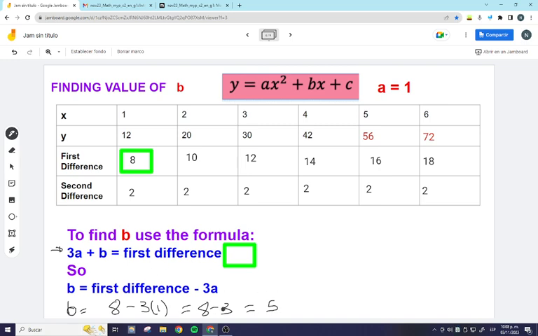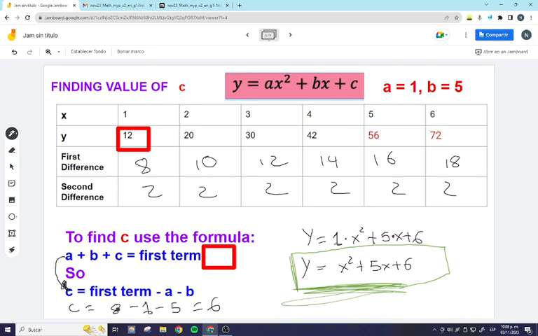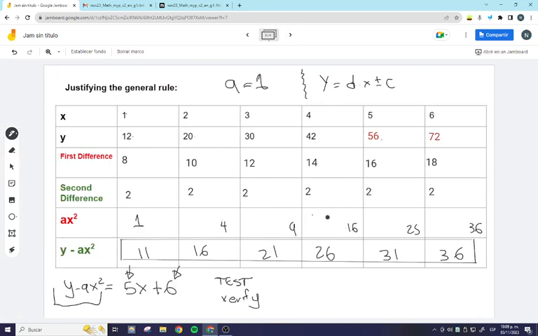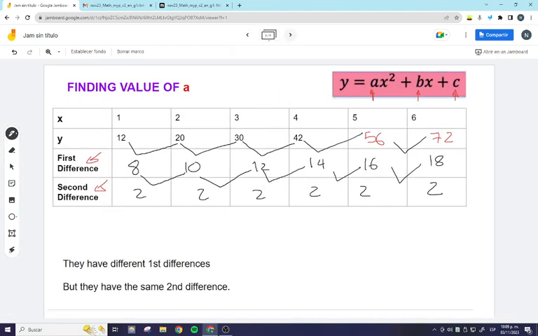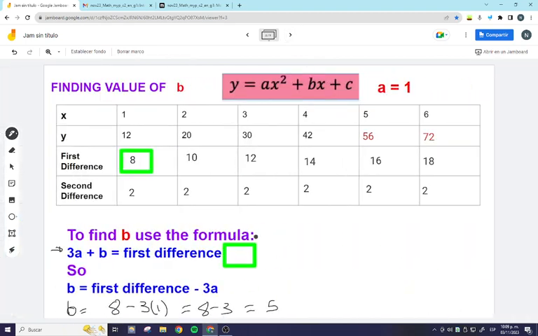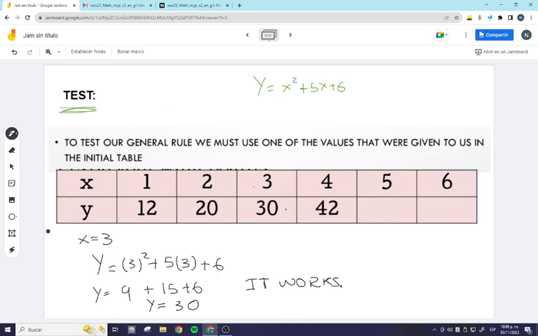Finding B this way, and you will find the same one, and also for C. You basically can switch your justification with the way that you find the general rule. So if you do it like I did, then you justify like this. But if you find the general rule like this, then you justify by doing all of this, that is the test.